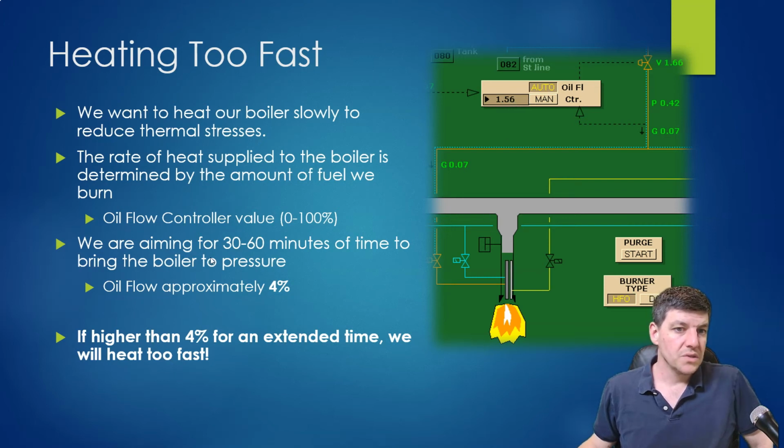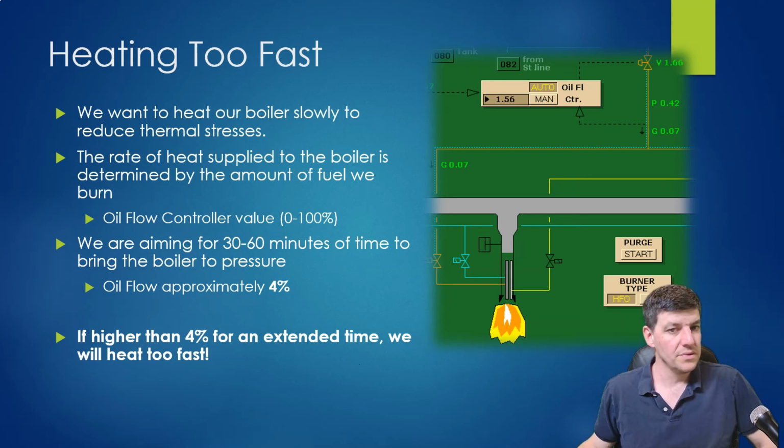In our instructions, we were aiming for 30 to 40 or 60 minutes of warm-up time, and that meant we had an oil flow rate of approximately 4%. If we have an oil flow rate of more than 4% for an extended time, we will heat too fast.